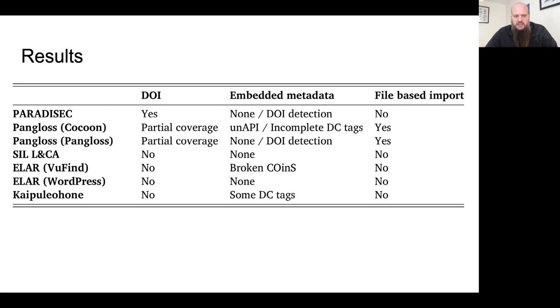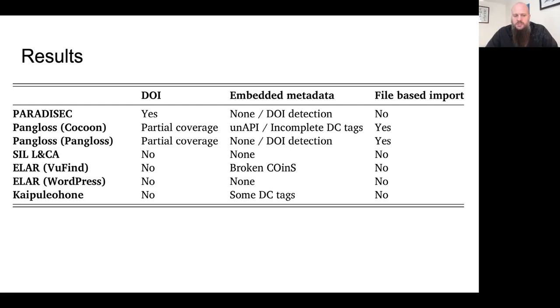An exception to the Pangloss thing would be when they have a transcription of an audio file. They put the transcription and the audio file under the same item, but they are individual objects and they're related with relational metadata.